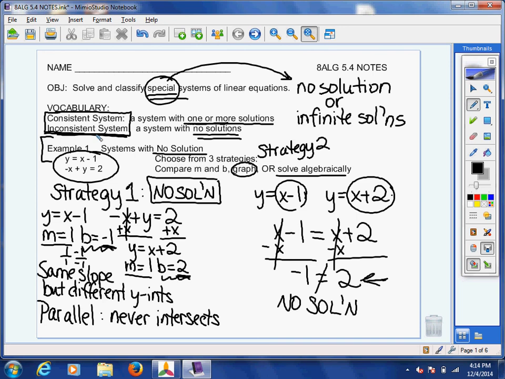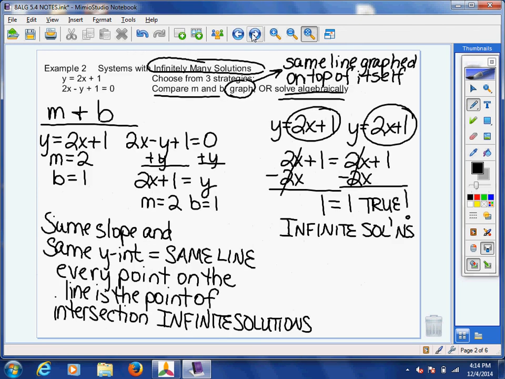If I were to classify that, I would say this is an inconsistent system because there's no solution. The only way I know it's inconsistent is that I solved it and found out that it had no solution.